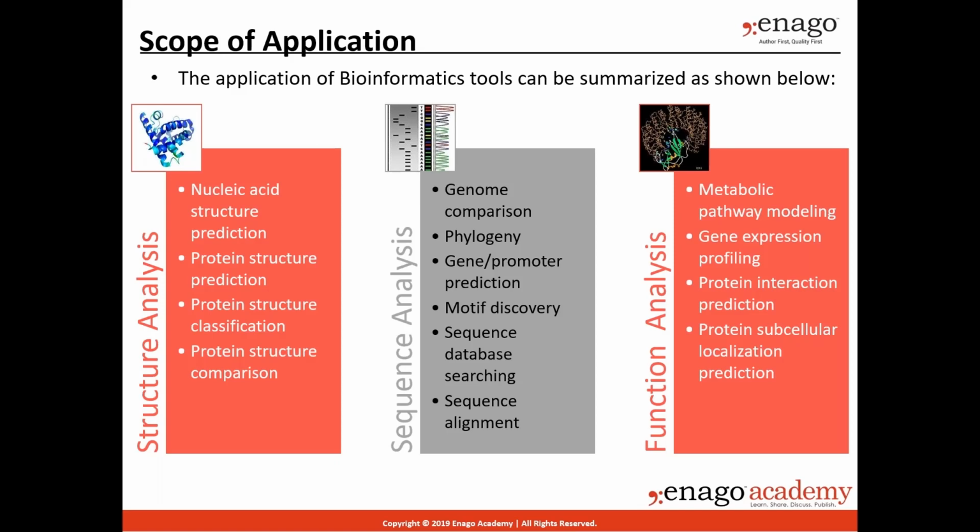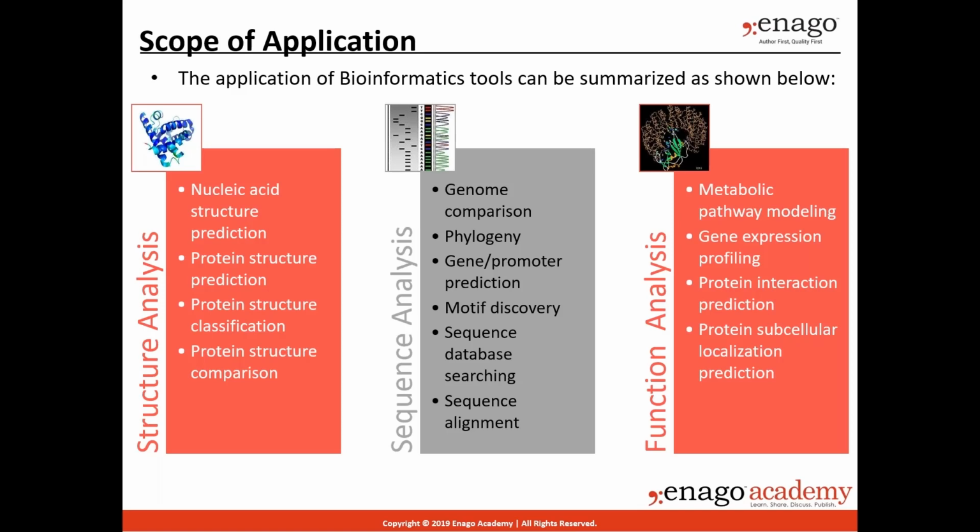At the genome level, we can compare genomes of one organism to another or one person to another. We can look at genes and their promoters and what might be regulating those promoters. We can discover different motifs in the genome that help us understand gene regulation.